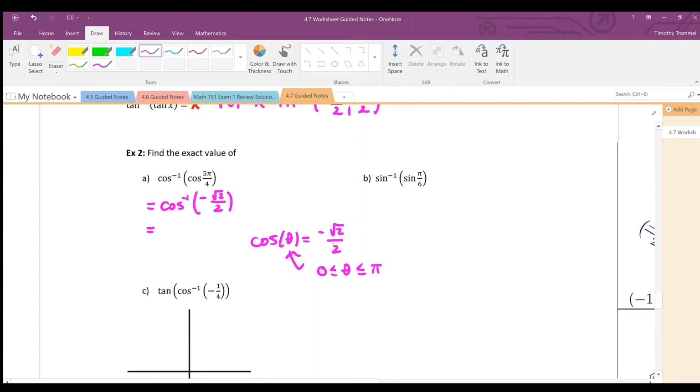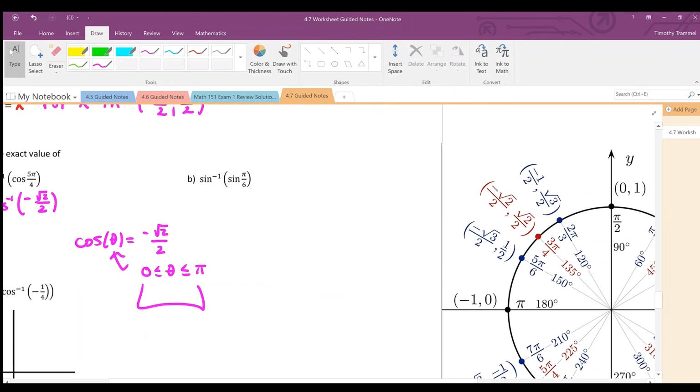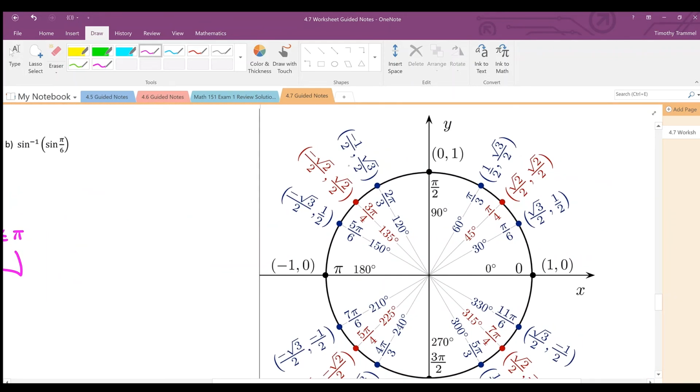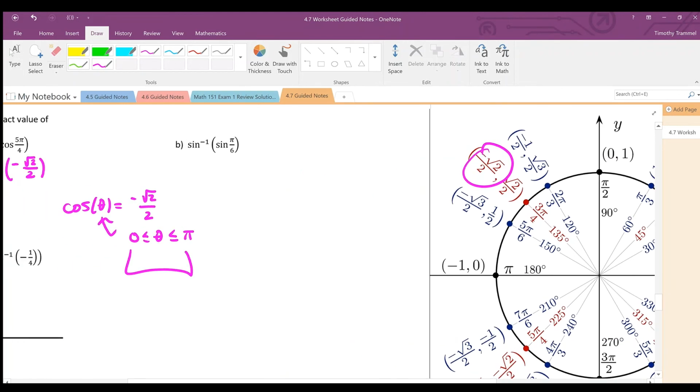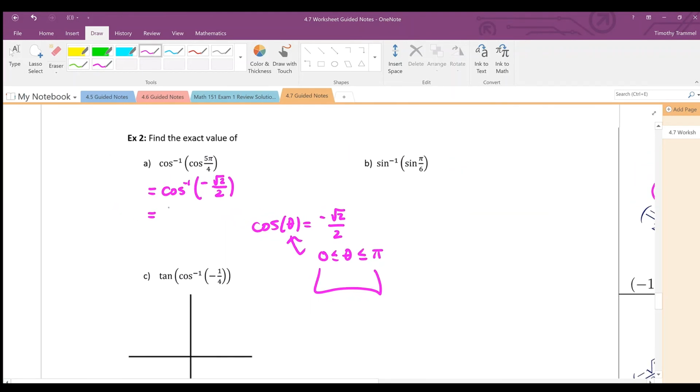So we need to find a spot on the unit circle where the x value is equal to minus the square root of 2 over 2, and we're in quadrants 1 and 2. All right, and if we do that, minus the square root of 2 over 2, that looks like it's happening right here at 3 pi over 4. Okay, so that is our answer. This is equal to 3 pi over 4.